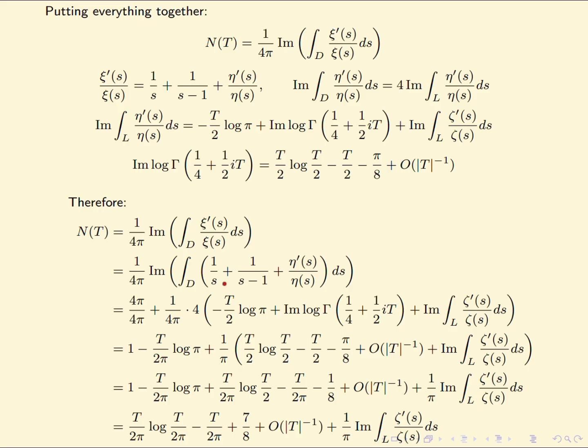Both of these integrals are 2 pi i. So that's 4 pi i. But the imaginary part of 4 pi i is 4 pi. So I have this 4 pi over 4 pi here. And then I'm going to do the integral of eta prime of s over eta of s. And I said that's 4 times the integral over L of this thing. And that thing is equal to this.